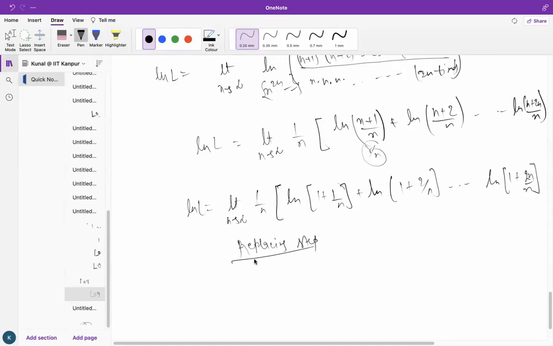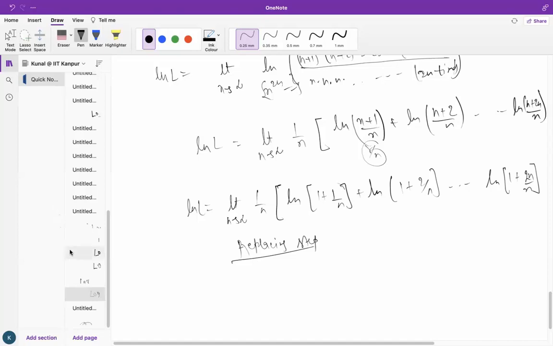So what I have to do here is just replace the summation by integration. If I'm telling you, I have to just do the replacing step. What we do is r by n to x, 1 by n to dx, and then the summation by integration.